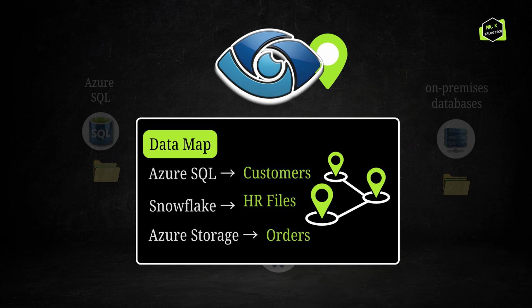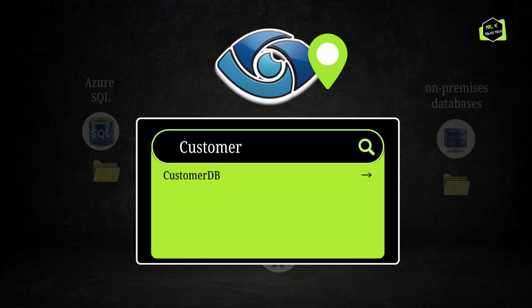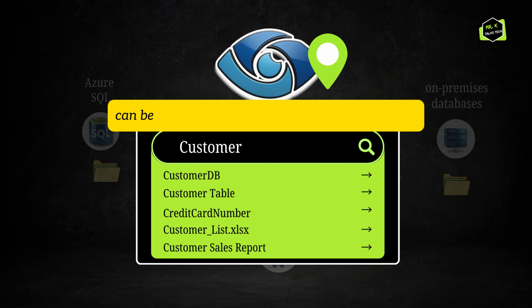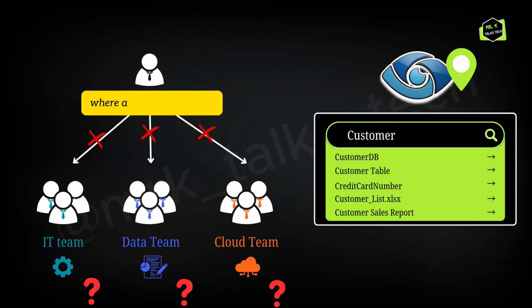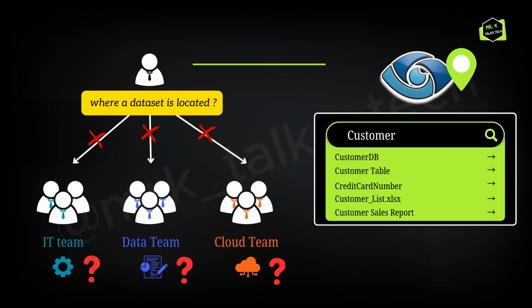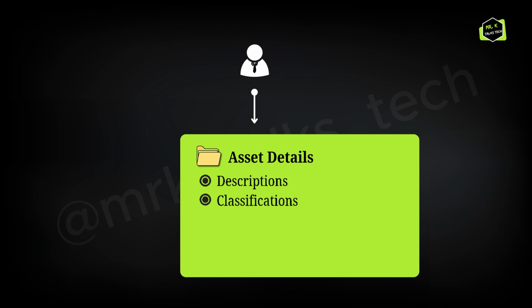The scanned information appears inside the data map and unified catalog. A database, table, column, file, or Power BI report can become a searchable asset inside the catalog. This means employees do not need to ask several different teams where a dataset is located. They can search for it directly. The company can also add descriptions, classifications, business terms, owners, and experts to each asset.